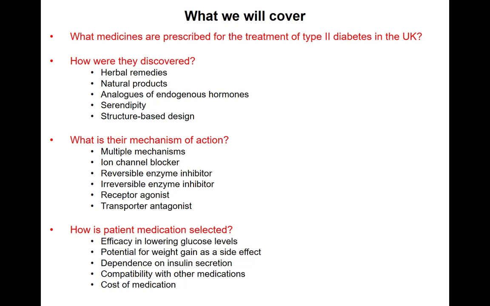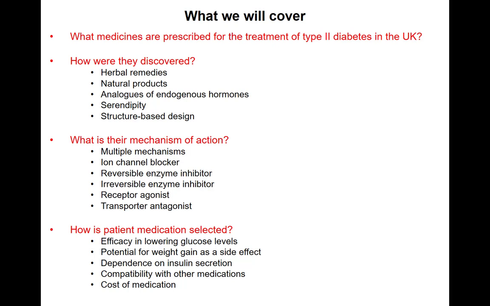And there are a variety of diabetes medicines that are currently in use. And you'll see that as we go through the lecture, they were discovered in many different ways. So you will see examples of medicines that originated from herbal remedies used in traditional medicine.